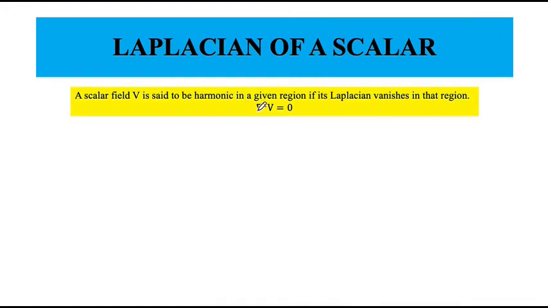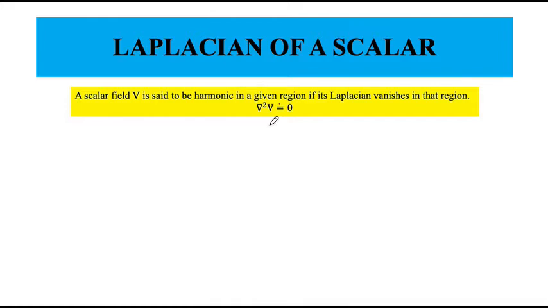Okay, in other words, if the Laplacian of the scalar equals 0 is satisfied in the region, the solution of V is harmonic. Okay, it is in the form of sine and cosine. So del operator squared V equals 0 is called the Laplace equation, and solving this equation will be our major task in the coming lectures.